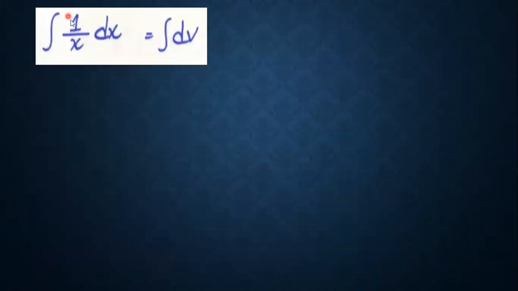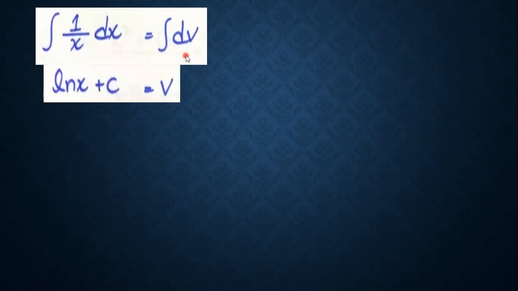So when you integrate on both sides, on one side we have the integral of 1 over x, and on the other side we have the integral of 1. The integral of 1 over x is natural log of x, plus some constant of integration, and the integral of 1 is v.